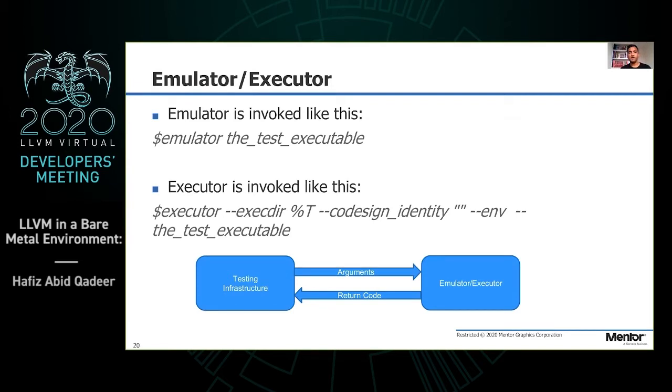So when compiler RT has a test executable ready to run on the target, it will invoke the emulator like shown below. It will pass it the name of the test executable. Similarly, the executor is also passed the name of the executable, but it also gets some extra parameters. But they have the same job, both of them. They need to somehow run the given executable on the target.